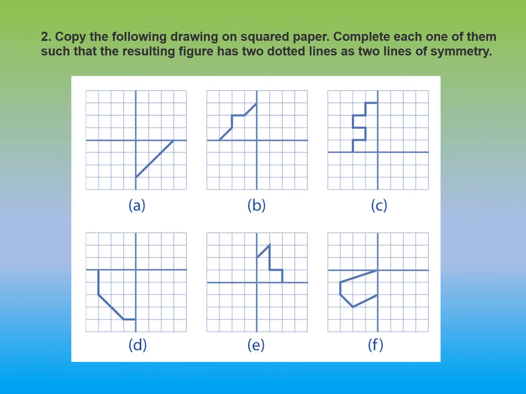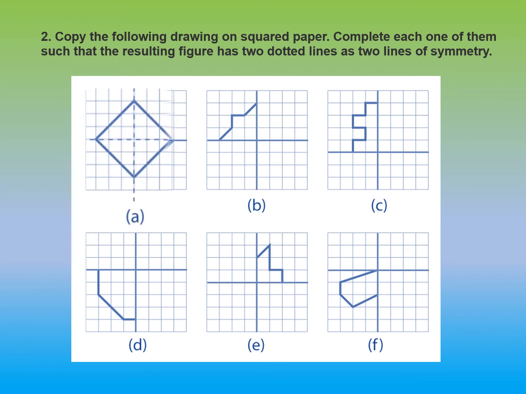The next question is, copy the following drawing on squared paper. Complete each one of them such that the resulting figure has the 2 dotted lines as 2 lines of symmetry. So we should complete this picture, and there should be 2 lines of symmetry. Let us do one by one. See the first one. Yes, after completing, we have 2 lines of symmetry.